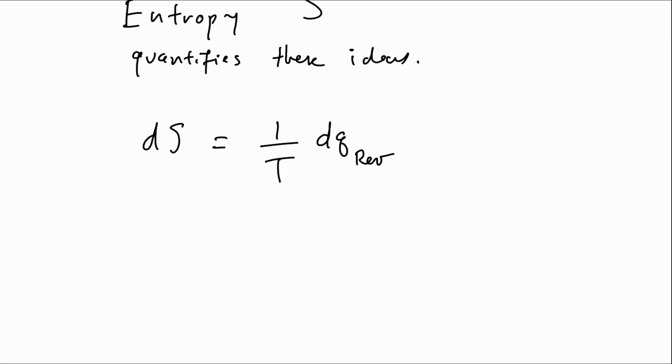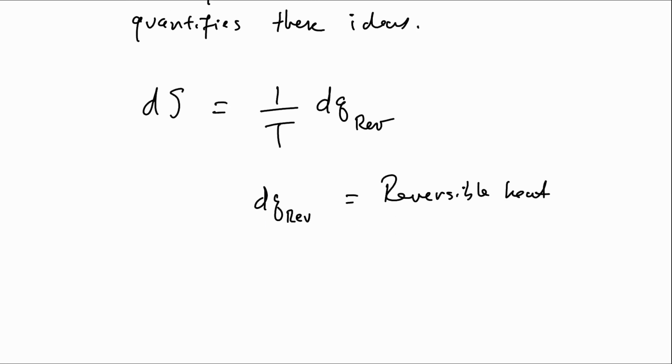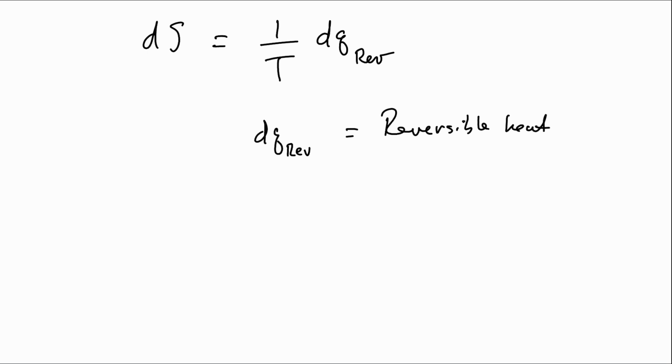So if you multiply by 1 over T, and then we take dq sub rev, this is the reversible heat. An example of this, and we'll come back to it: when I took the isothermal ideal gas and compressed it reversibly, I did work on the gas, but the temperature didn't change.